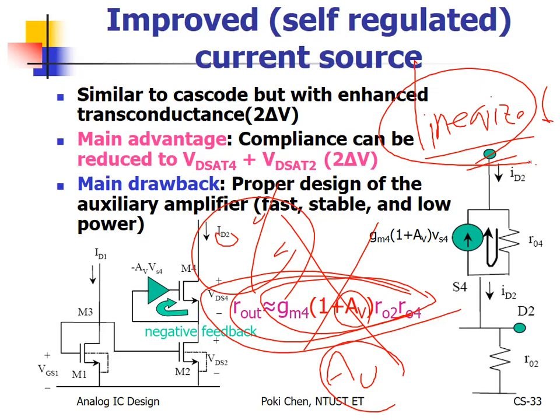So derivation is the least accurate, by nature, through modeling and linearization. All right, so simulation.